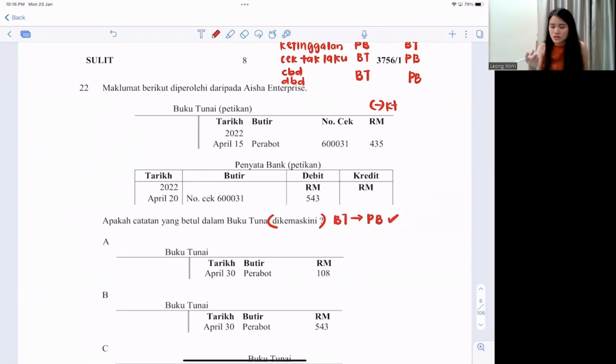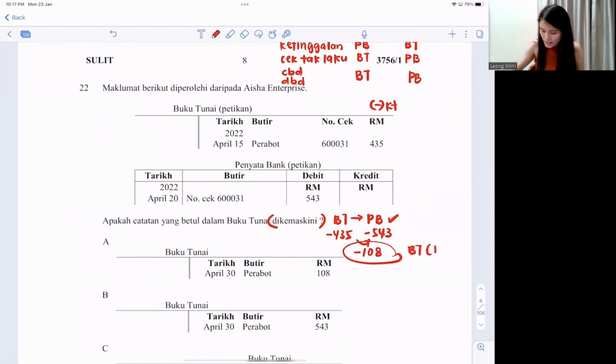Yeah, so that's why we follow according to penyata bank. We have negative 435 in our buku tunai, while penyata bank is negative 543. So how can we change it back to negative 543? Let's find the difference first. You will need to minus 108. Okay, so let's see whether we did it or not. It should be buku tunai credit side, yeah?